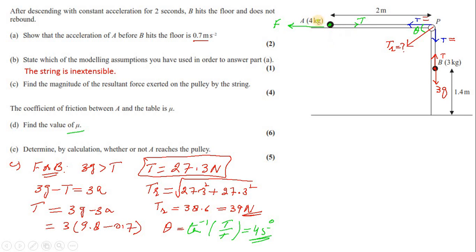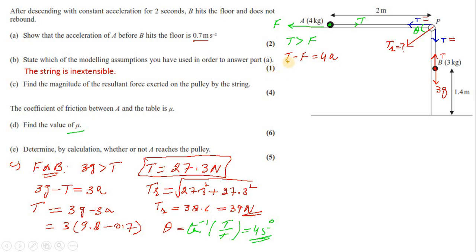A is accelerating rightward, that means T is greater than F. So you can say that T minus F should be equal to the net force causing acceleration, and the net force is 4a.